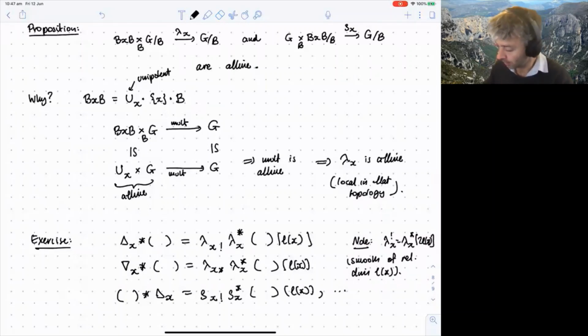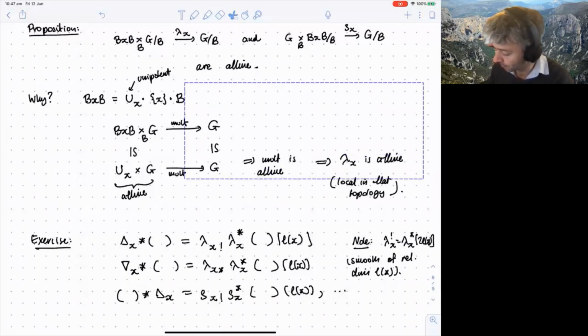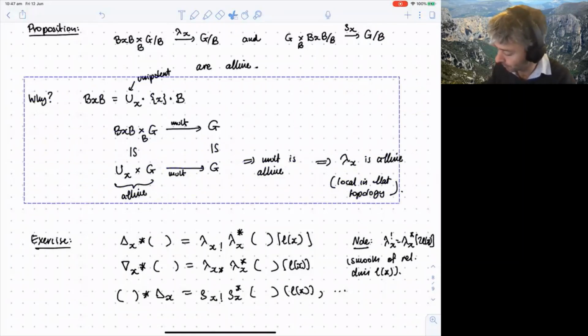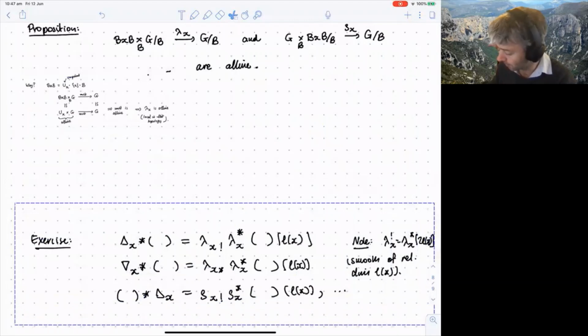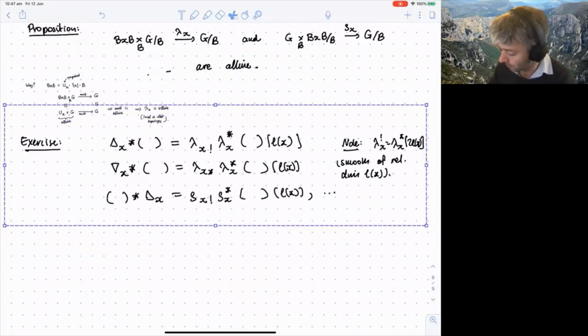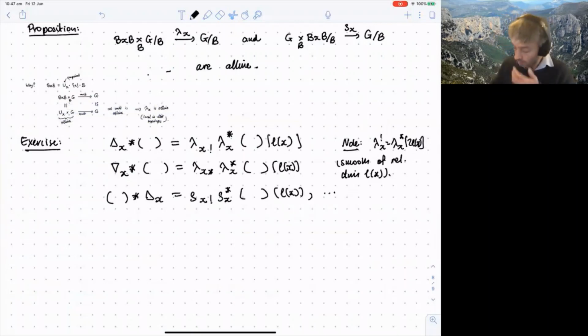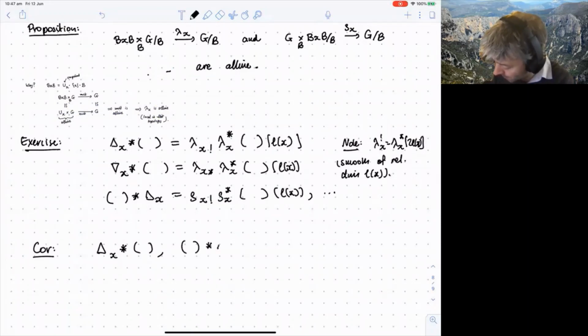Okay, so a corollary is that convolving on the left or convolving on the right with deltas preserves PD bigger than or equal to 0 whenever this makes sense.